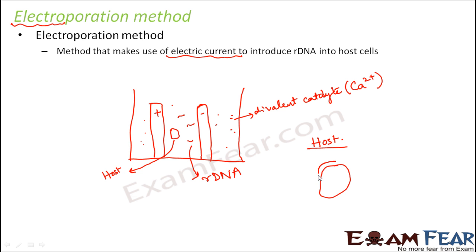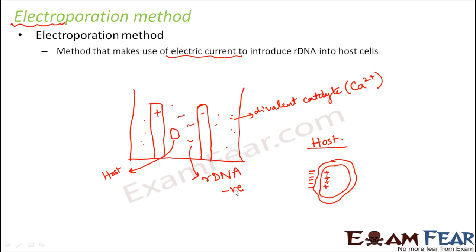This was the host cell. So you have a cell membrane like this. As soon as electric current is established, a potential difference develops across the cell membrane of the host cell. Now once a potential difference develops, what will happen? DNA is a negatively charged particle.